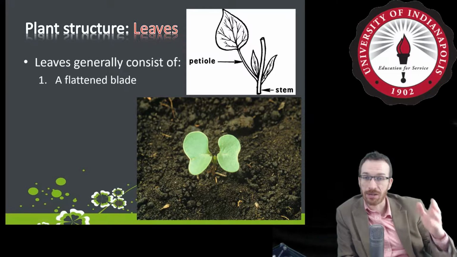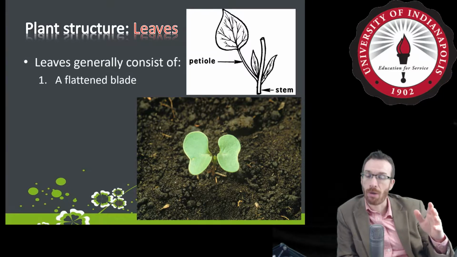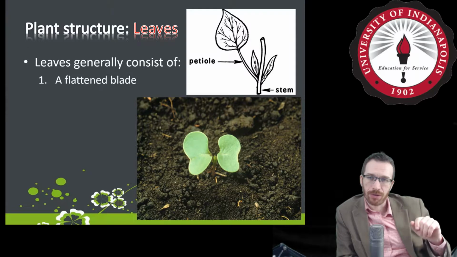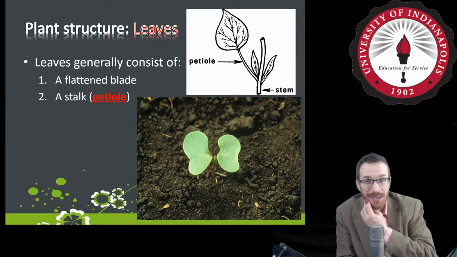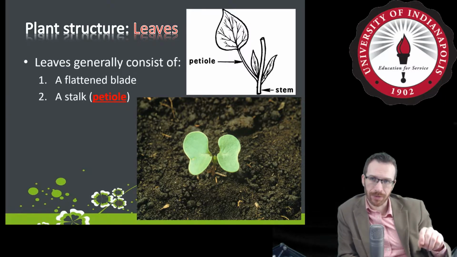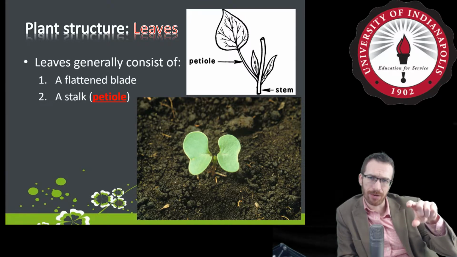And those veins are vascular tissue, which is xylem and phloem, right? We talked about that a little bit earlier. And so the flattened blade portion, as you can see here, and you also have a stalk that attaches to the stem. That stalk is called a petiole. And you can see by that image there, the blade, petiole, stem.